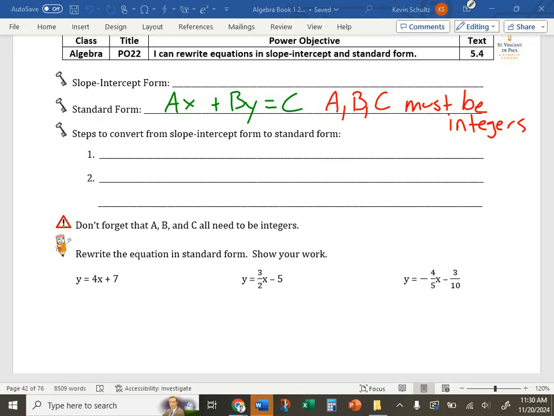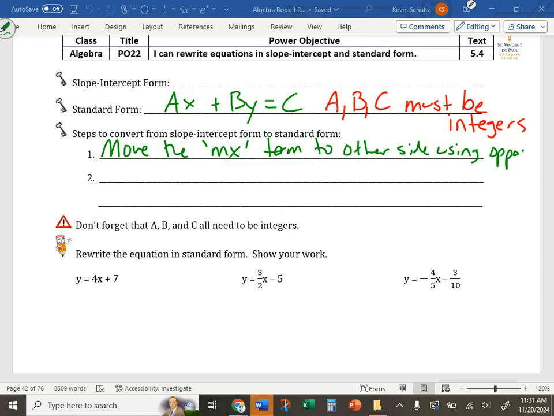But to convert from slope-intercept form to standard form, you are first going to move the mx term, because in slope-intercept form it's mx, in standard form it was ax, but it's kind of the same thing. Move the mx term to the other side using opposite operation.